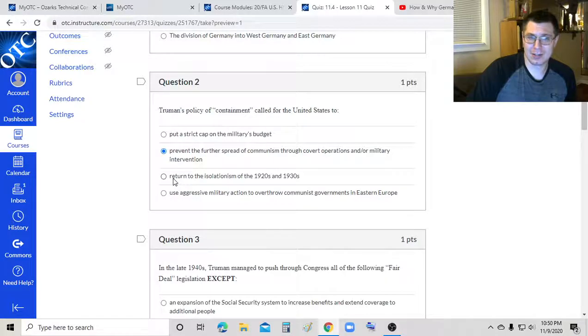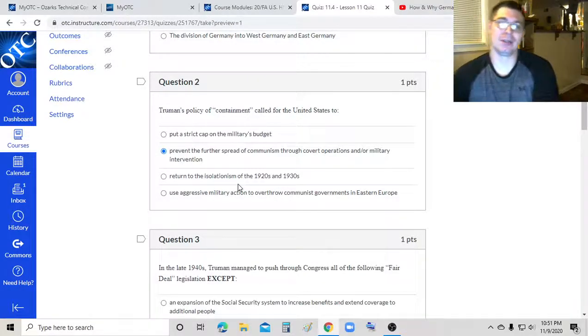Return to the isolationism of the 20s and 30s? No, definitely not. Use aggressive military action to overthrow communist governments in Eastern Europe? No, that would be going too far, risking World War III with the Soviet Union.